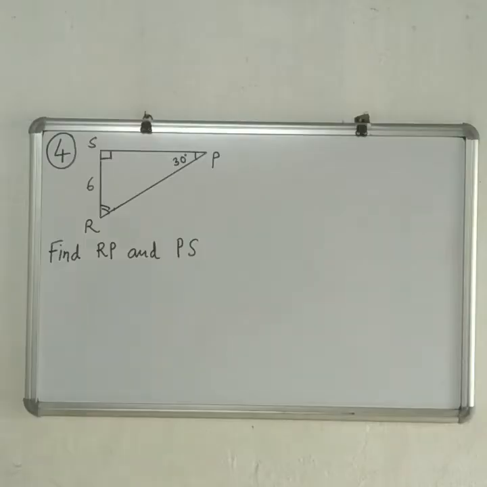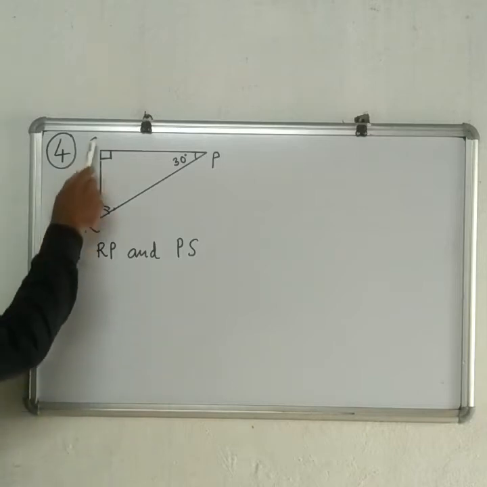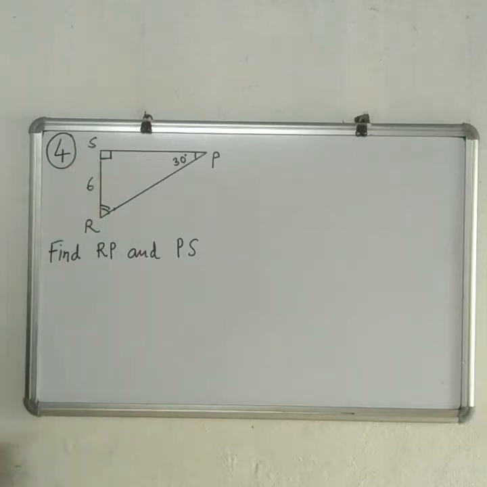Fourth example, in triangle PSR, angle P is equal to 30, angle S is 90, SR is 6. We have to find RP and PS.